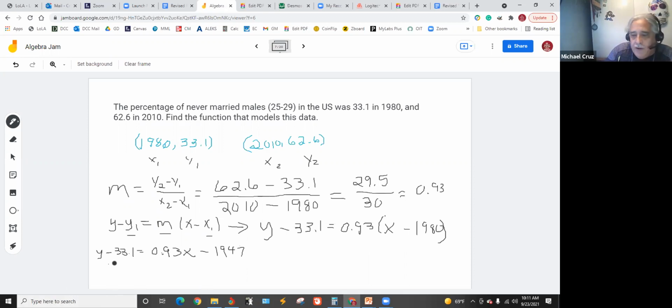All right, and then we're going to add this to get rid of it on the left, and when we put it over here, so here we got it. Oh, wait a second.